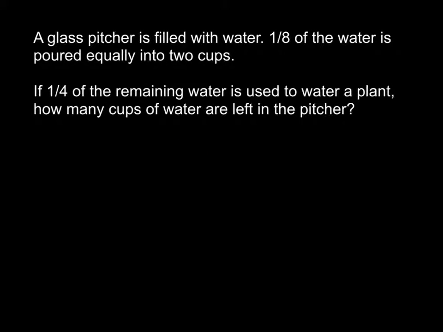If 1/4 of the remaining water is used to water a plant, how many cups of water are left in the pitcher? Remember, we already took out 1/8. Go ahead and try to solve it. The problem we're going to be solving is 3/4 of 42 ounces. And we're doing 3/4 because we're taking 1/4 out.